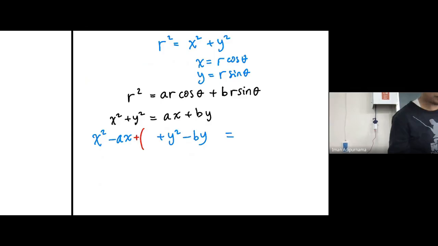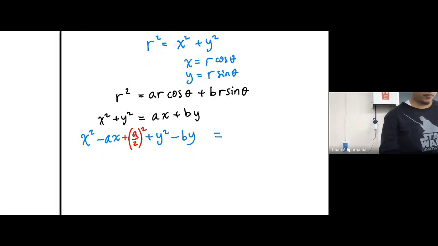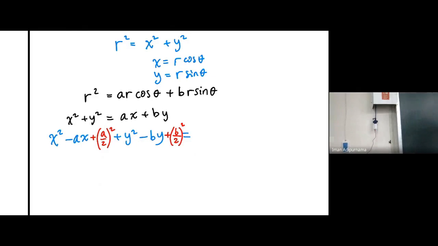So plus a over 2 squared, and this also plus b over 2 squared. And because we add on the left side, on the right side we also need to add them. So plus a squared over 4 plus b squared over 4.